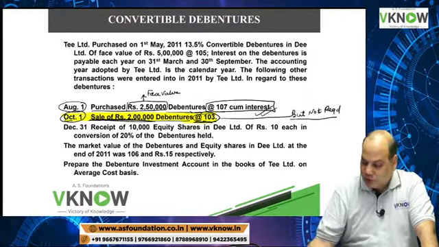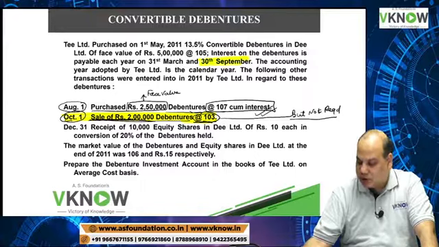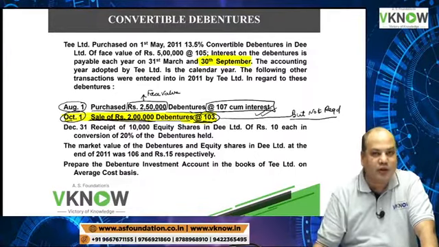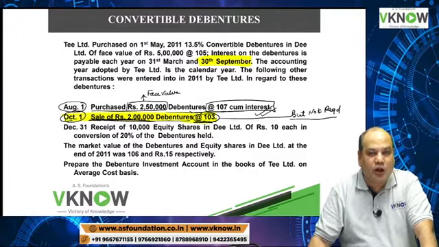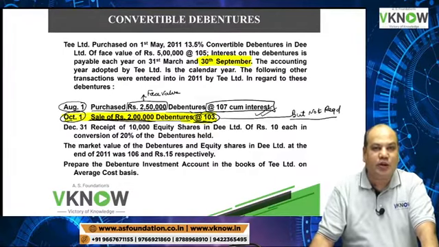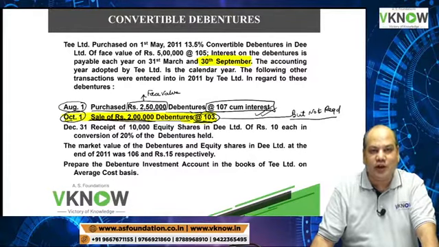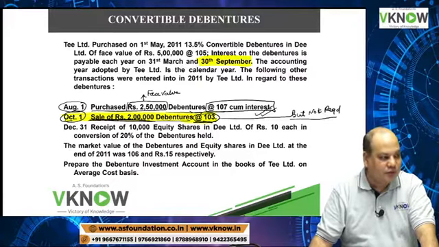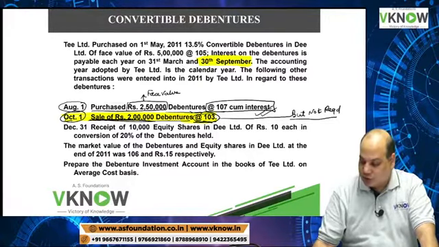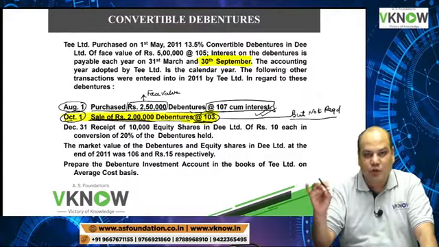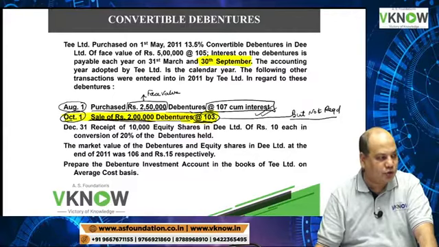The reason is interest payment date is 30th September. So up to 30th September the interest has been paid. And today the transaction is happening on 1st October. So for one day, no interest, and therefore they have not mentioned. So this is okay because there is zero interest accrued on 1st October.